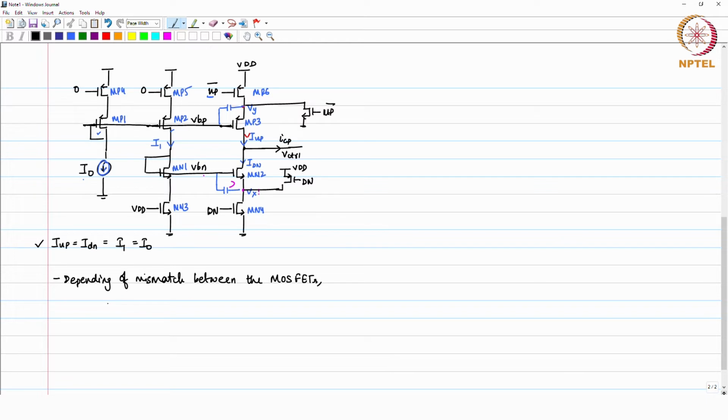So, you can say that I1 minus I naught is not equal to 0. Similarly, I up minus I1 is not equal to 0 and I down minus I1 is also not equal to 0, and you have I up minus I down, this may not be equal to 0.